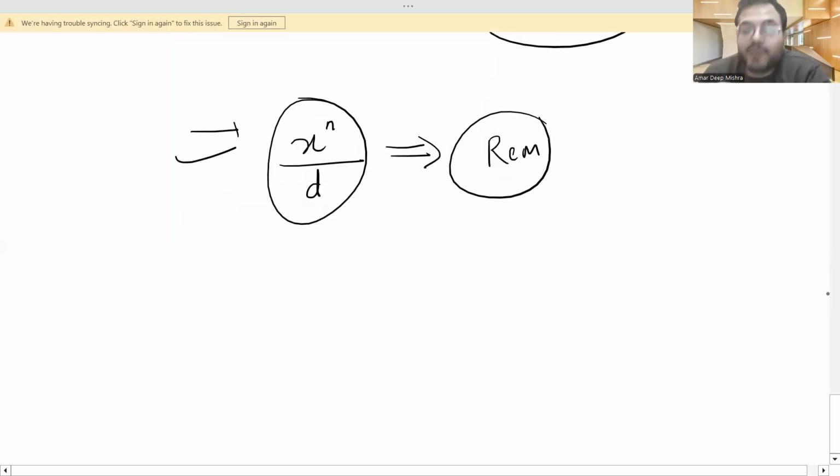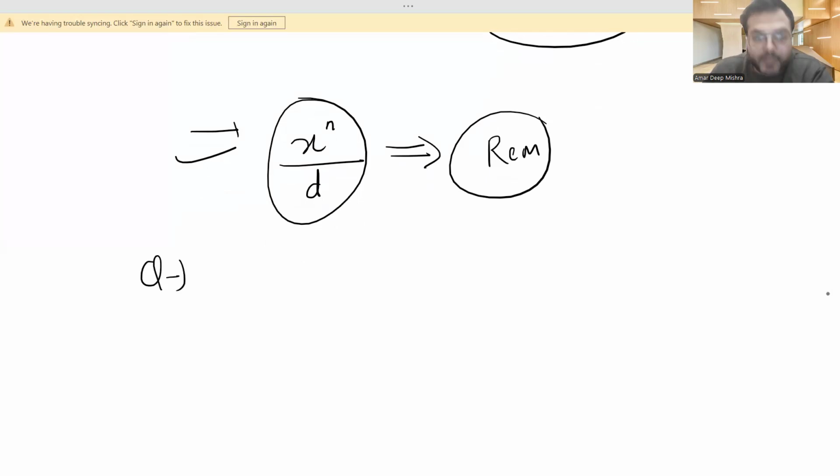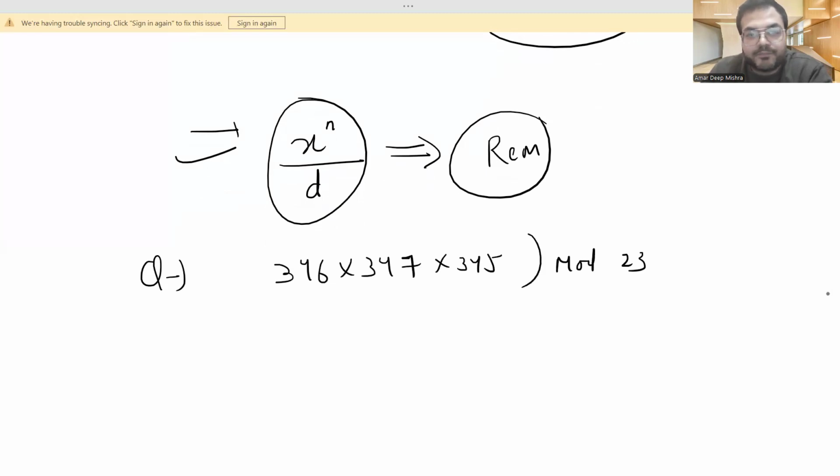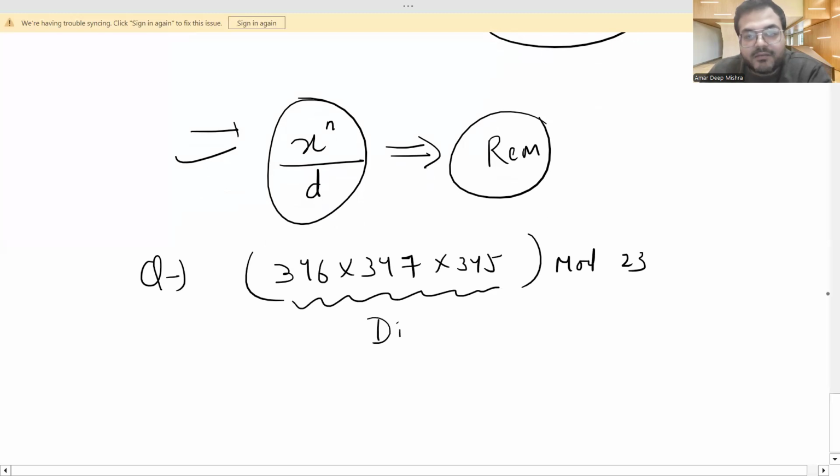Sometimes in remainder questions, they will write down the question in this way: 346 into 347 into 345 mod 23. That means this entire expression is the dividend, and this 23 is your divisor.